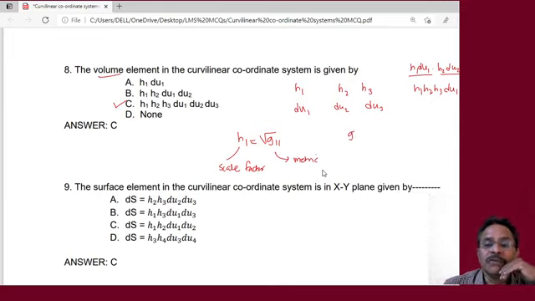From this definition, the metric coefficient gij is given by the partial derivative of R bar with respect to Ri, dotted with the partial derivative of R bar with respect to Rj.